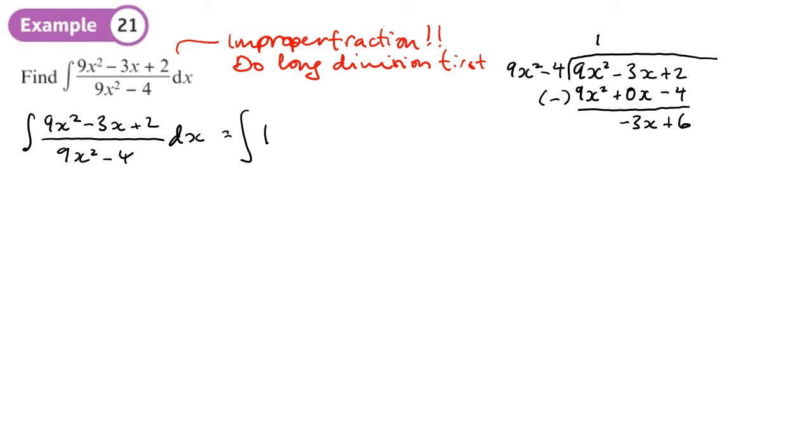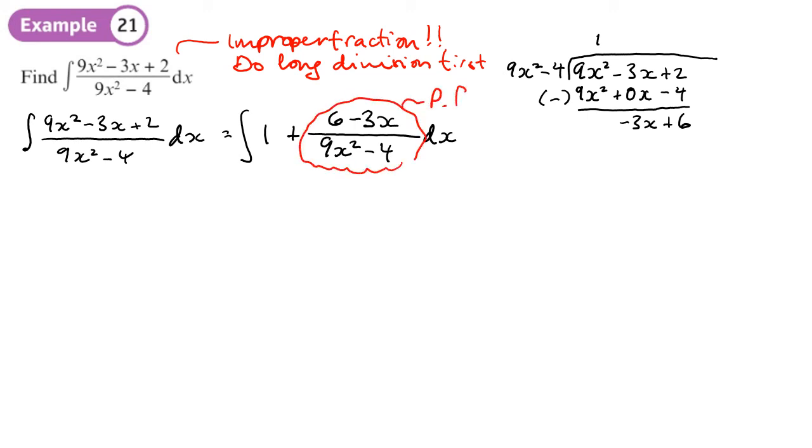What I'm going to do is write it as plus 6 minus 3x, just swap it around like that, over the divisor 9x squared minus 4 dx. So what does that mean? That means we just do partial fractions on this part, and then it's going to be ready for us to integrate with the 1.